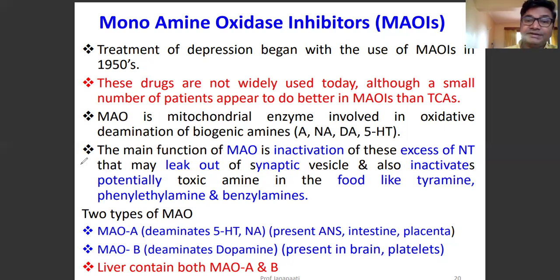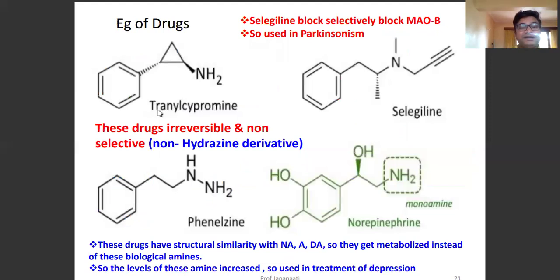So these are our drugs. You see, tranylcypromine. Our drugs also consist of a single amine. Now this is our natural norepinephrine, which is a single amine.